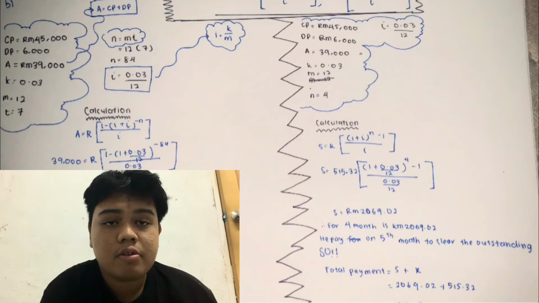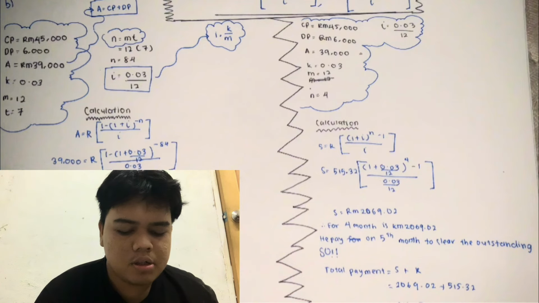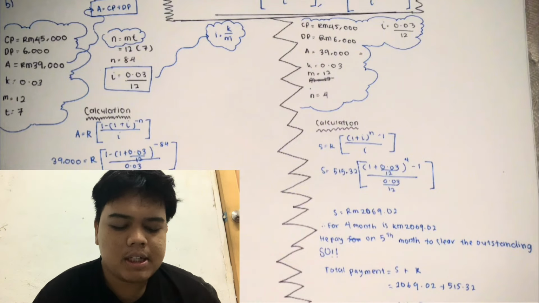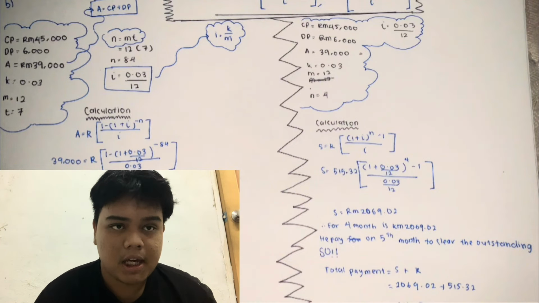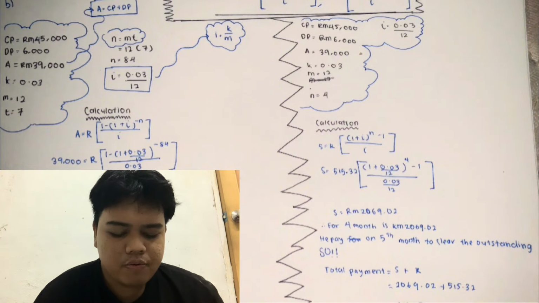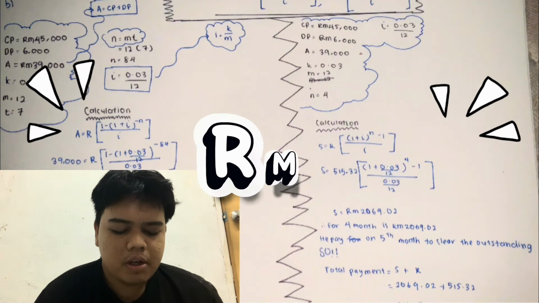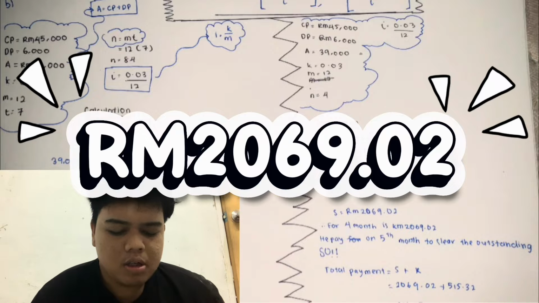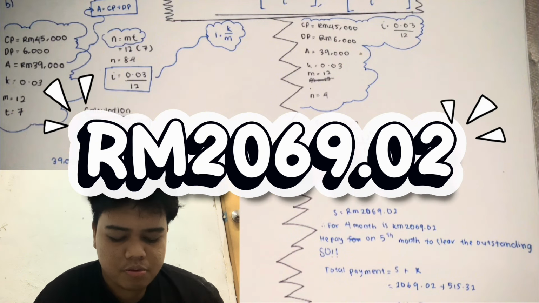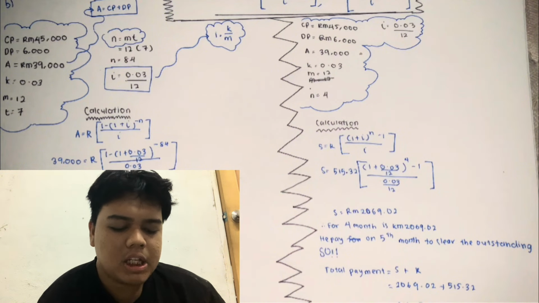To find the 4-month payment, we use the formula S equal to R ((1 + i)^n - 1) / i. We substitute everything in the formula and for 4 months we got RM2,069.02. He needs to pay on the 5th month to clear the outstanding balance.